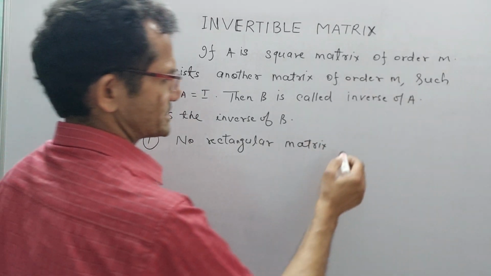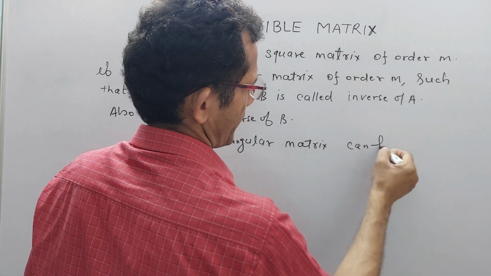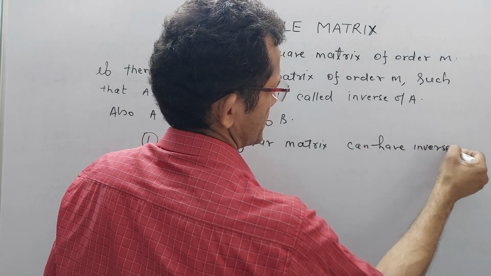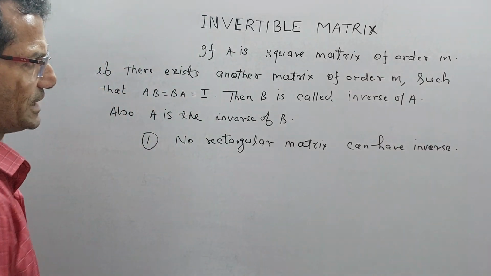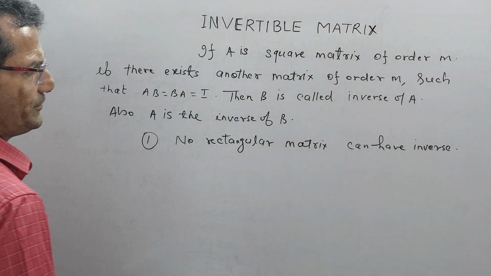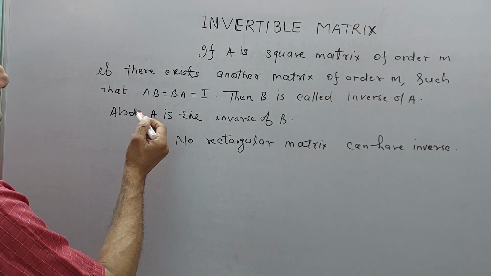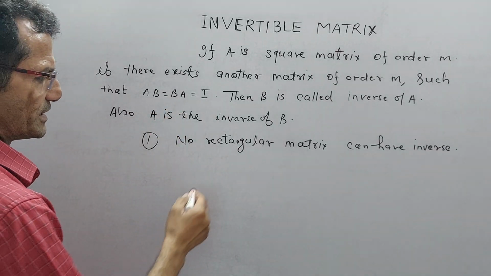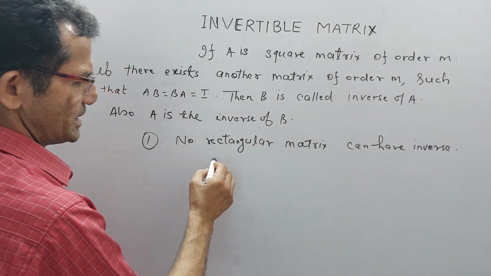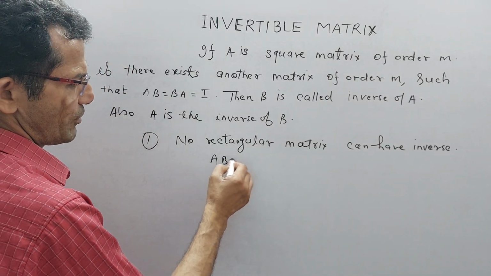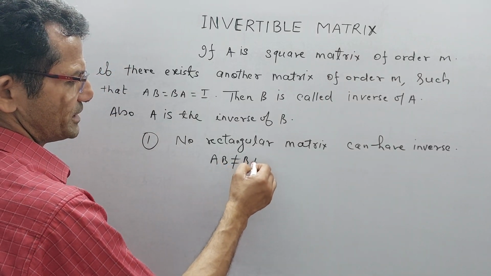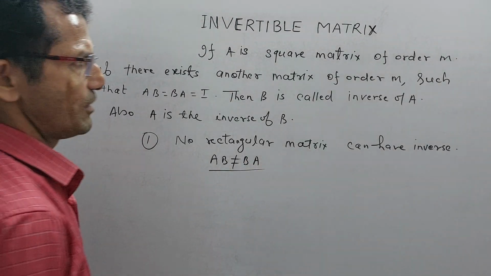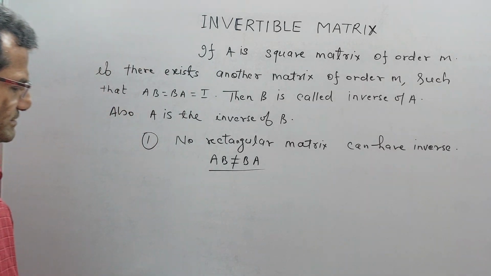Its reason is that AB and BA are defined only for the square matrix. So in case of the rectangular matrix, it is not possible, so AB cannot be equal to BA. So that's why we need only the square matrix of order m.